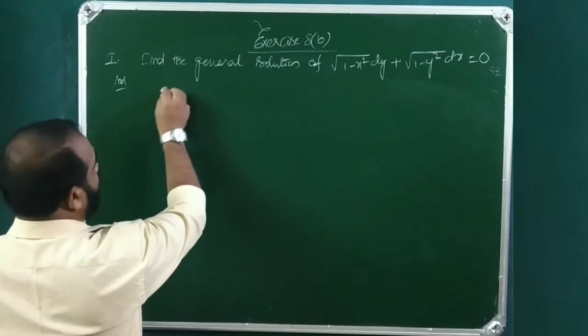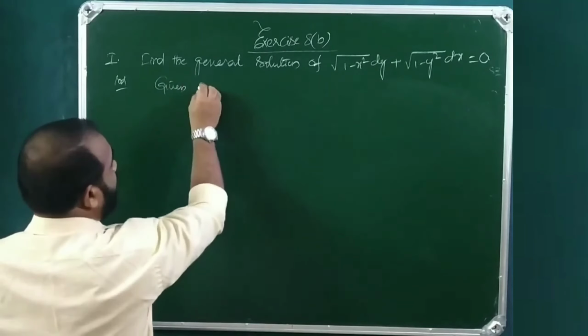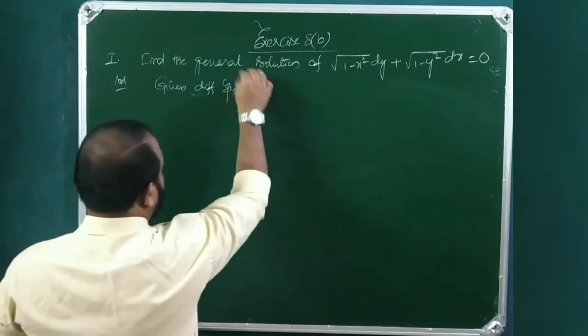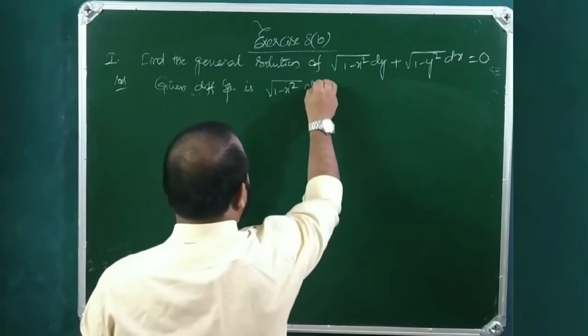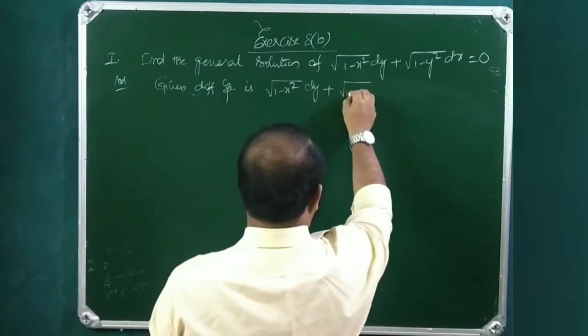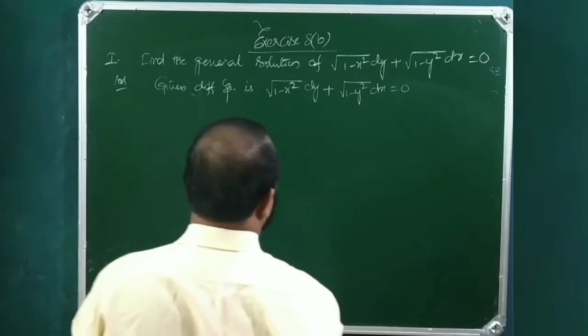The given differential equation is square root of 1 minus x square dy plus square root of 1 minus y square dx is equal to 0.